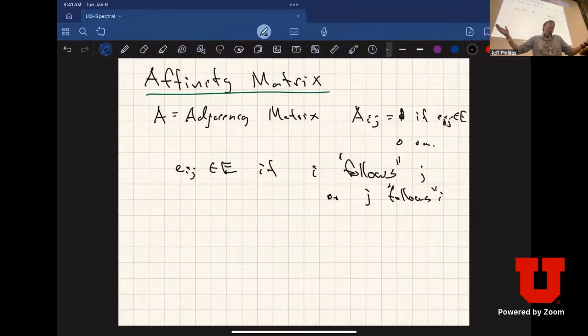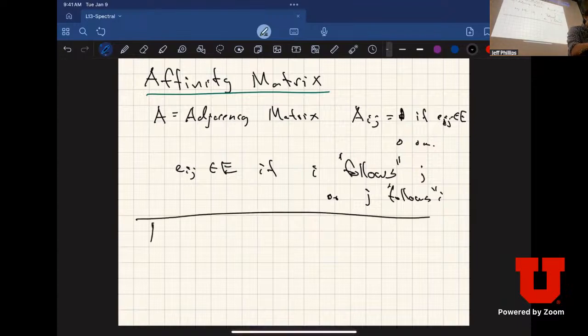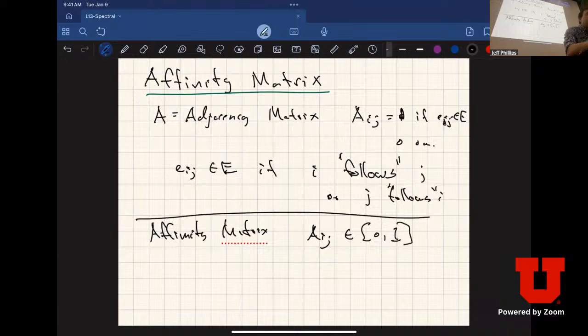On Facebook it's even more complicated, right? The interactions between the users are even more complicated. So could we almost say that, based off the connection between two nodes, we could use an affinity matrix? Sure, yeah. So the idea is Aij will be, instead of 0 or 1, something in the range of 0 to 1.